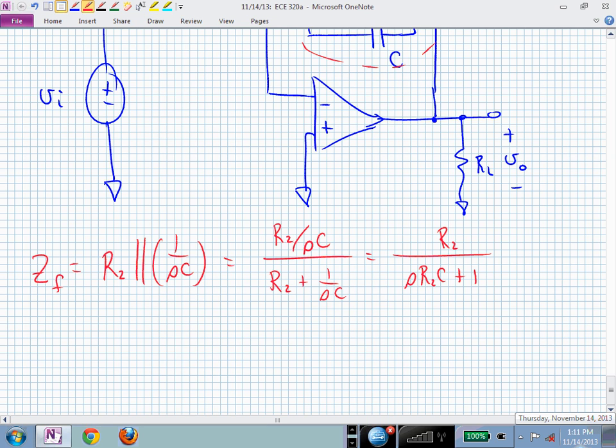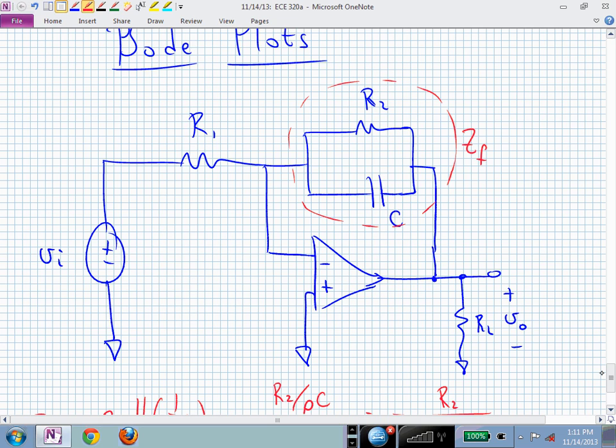That's now Z sub f. So I'm going to write my equations in terms of Z sub f, and I'm actually going to just write a KCL right there at that inverting node.